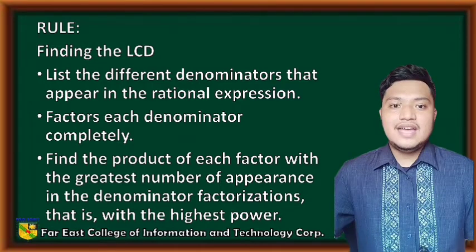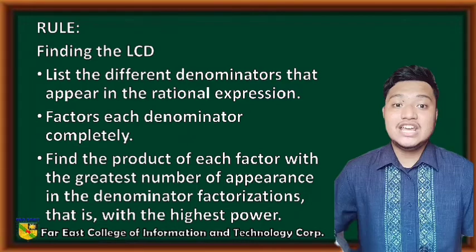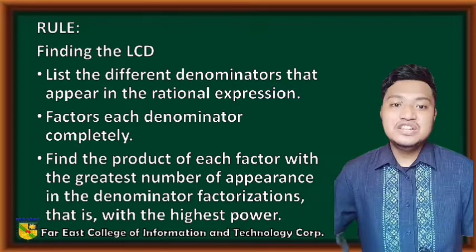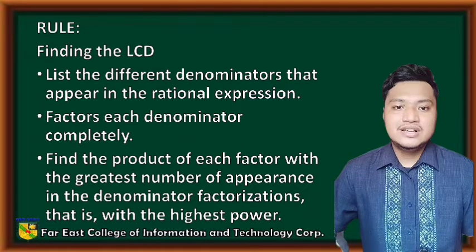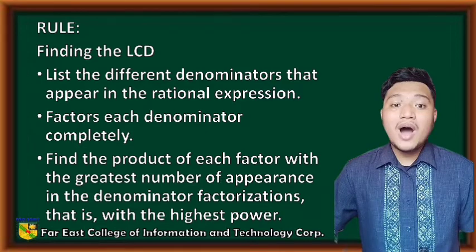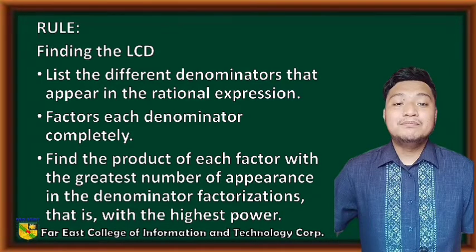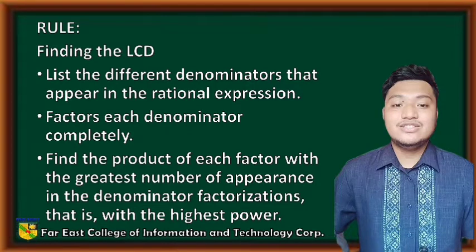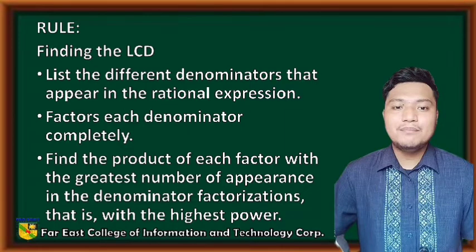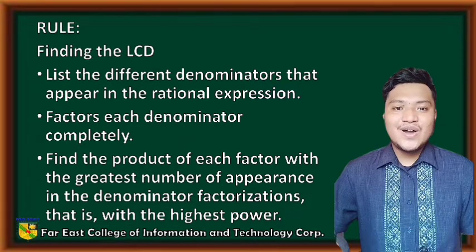And then after natin makuha yung division dun sa denominator, ang sagot po doon, ita-times po natin siya sa numerator. So pagka-times po natin sa numerator, yan po ang magiging numerator natin bago, at ang denominator natin ay yung LCD. So yun lang po ang pagkuha ng LCD or the least common denominator.